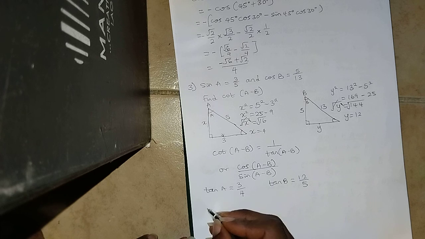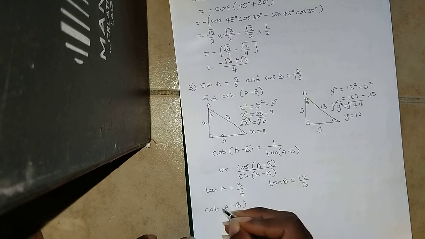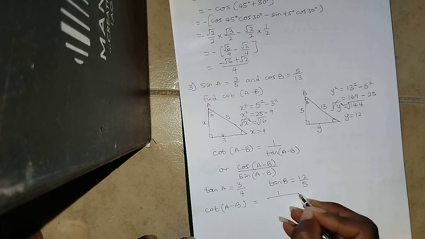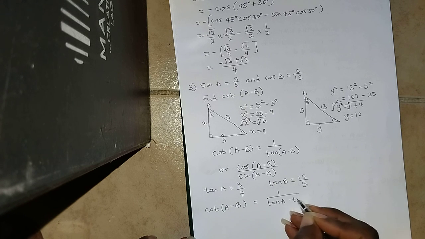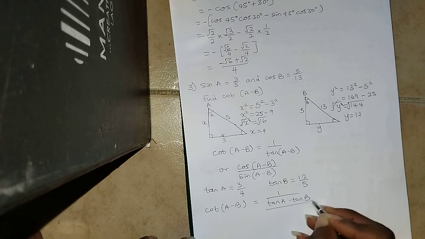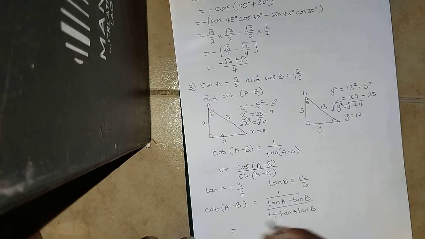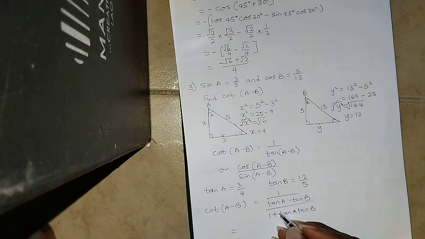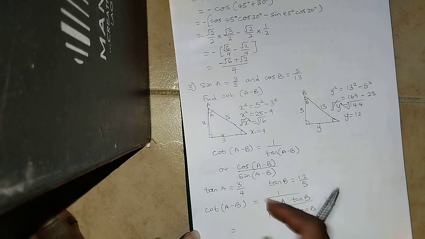So to solve this, cot(A minus B) will be equal to 1 over what's tan(A minus B), which is tan A minus tan B over 1 plus tan A tan B. If I should bring this one up, I should do the inverse of it: this one will come up, this one will come down.